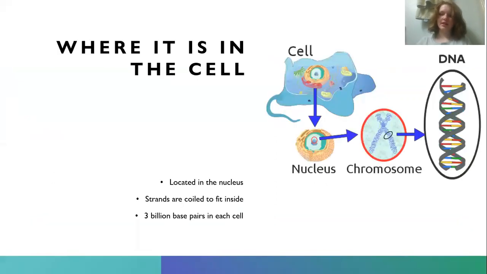So where is the DNA in the cell? As I mentioned in the last video, it is located in the nucleus. On this diagram, you can see that here is your eukaryote cell. You can see the flagella and all of the membrane-bound organelles. But the one we're paying attention to here is this orange one right here. As you can see, it has a thick wall around it in order to protect the DNA.